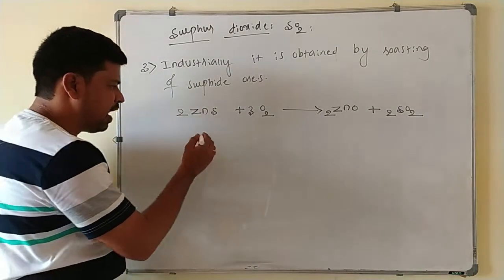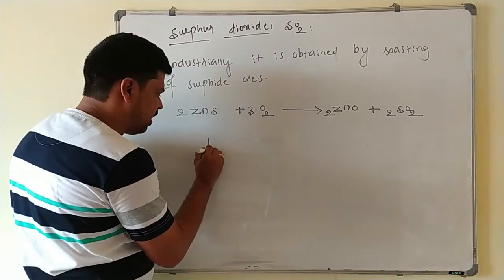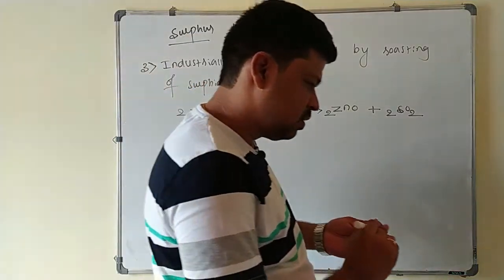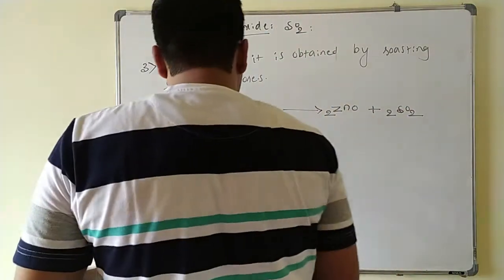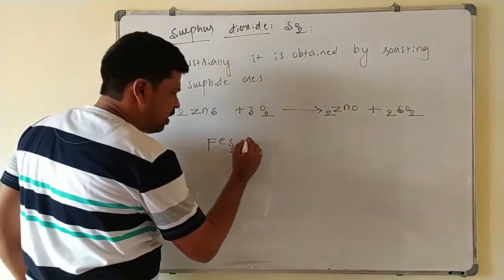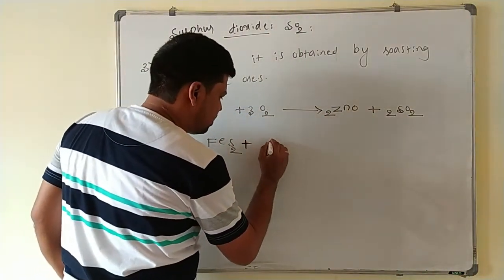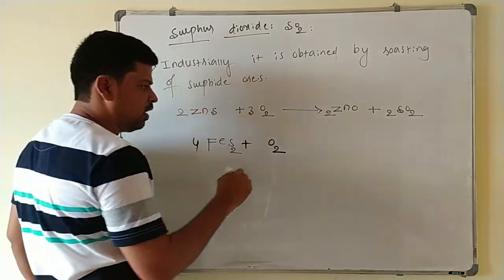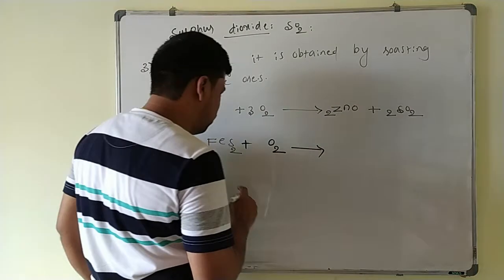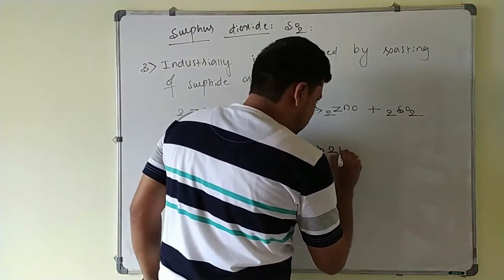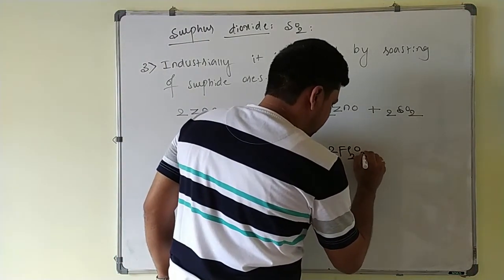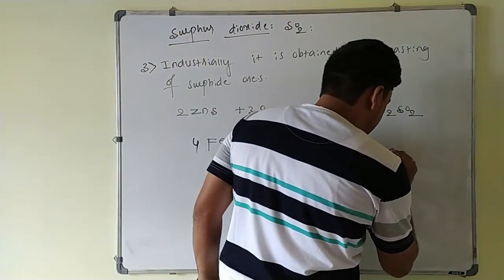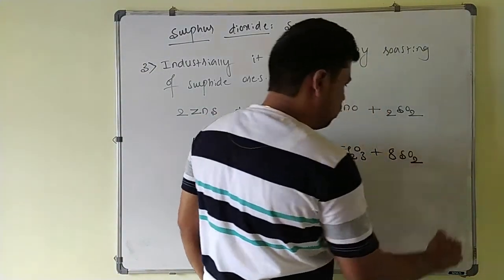Another important reaction is if I take FeS2. By heating this FeS2 in presence of excess oxygen, I will take here 4 moles of FeS2. So this will form 2 times Fe2O3, and total 8 sulfurs are there, so 8 times SO2 is formed.